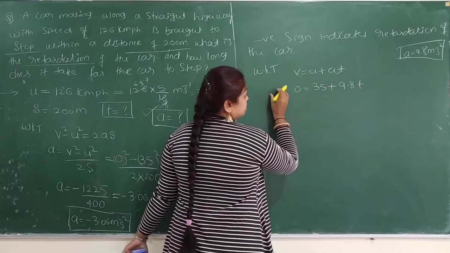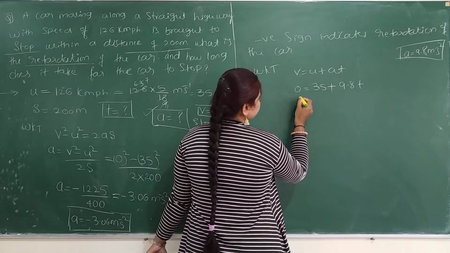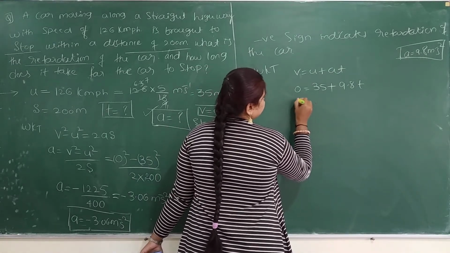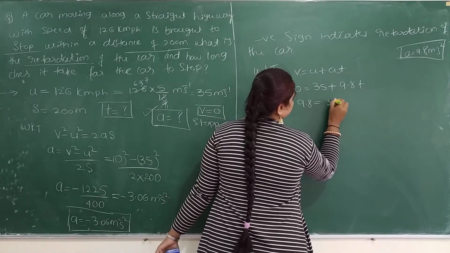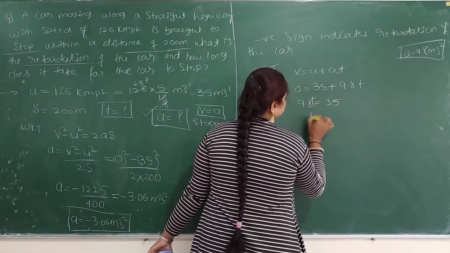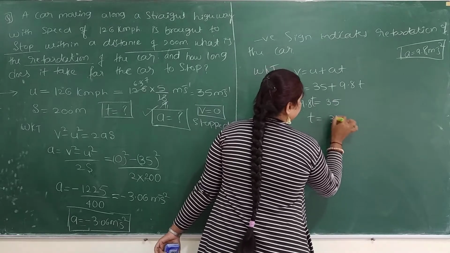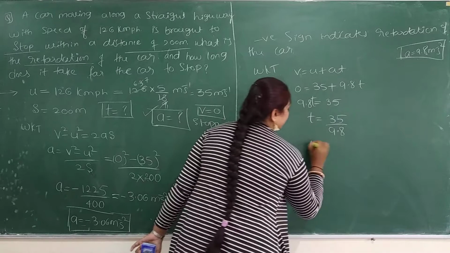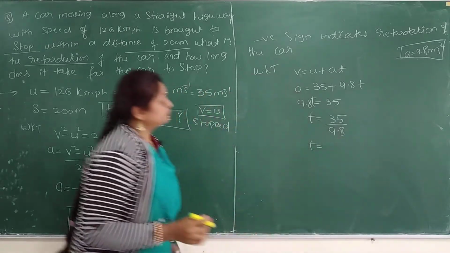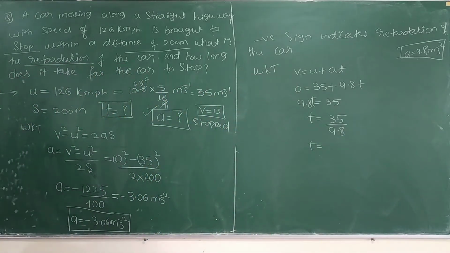Take this term here, and t is equal to 35 divided by 9.8.